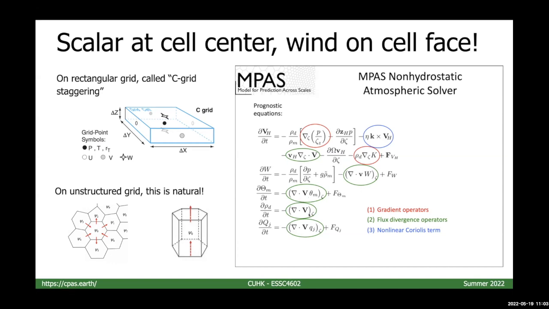Also in the spatial operators, there is a discretization of space. We put the continuous atmosphere into discretized cells. And here you see in the spatial dimensions, we have grid spacing, delta x, delta y, or delta z.